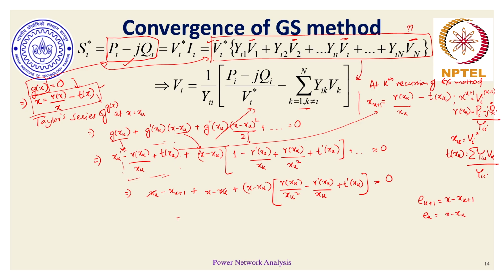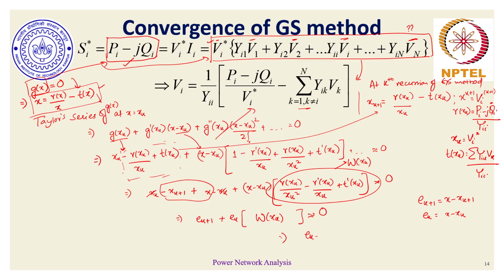So this term can be written as ek plus 1 plus ek multiplied by, let's say wxk, where wxk is the entire term sitting over here, equal to 0, which indicates that ek plus 1 is minus wxk into ek, or indirectly ek plus 1 is proportional to ek.